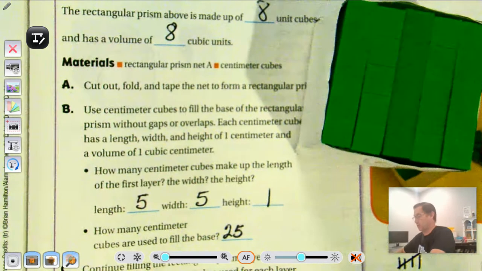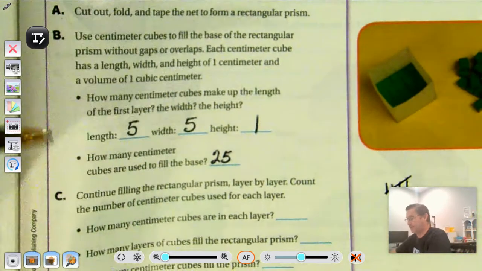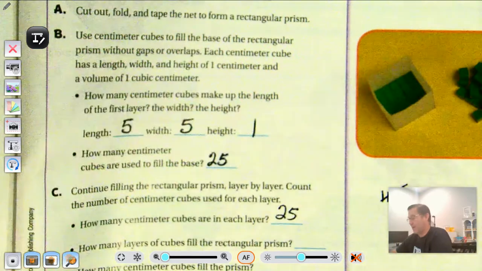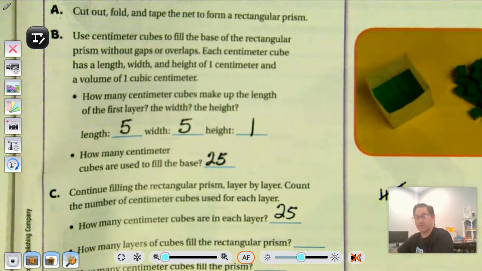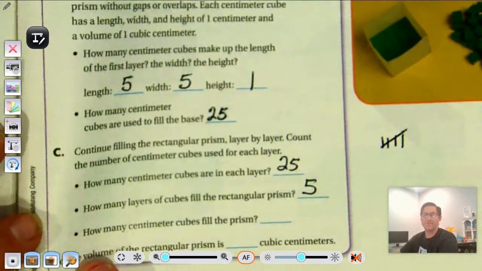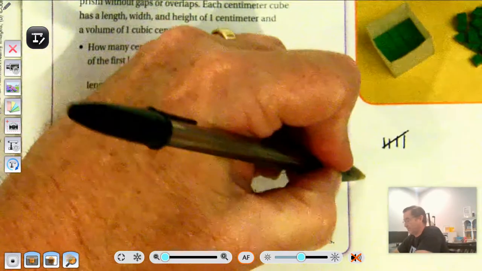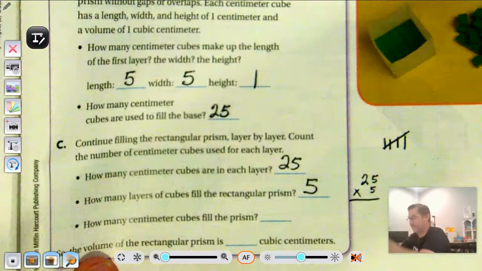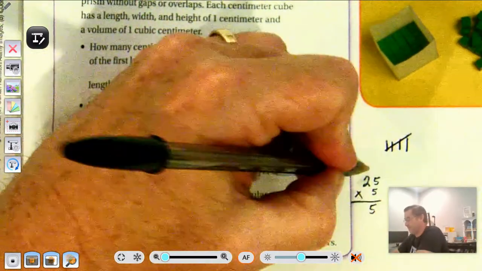Okay, so how many centimeter cubes are in each layer? 25. How many layers of cubes did I fill it with? 5. So how many centimeter cubes did I fill the prism with? Well, I have 25 times 5, or 5 sets of 25.